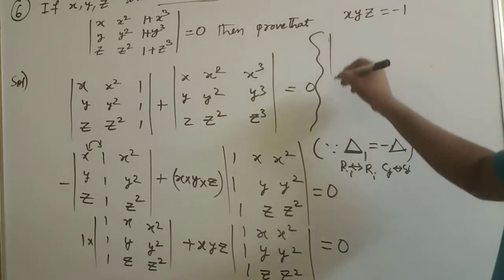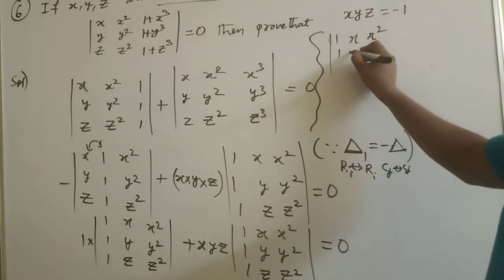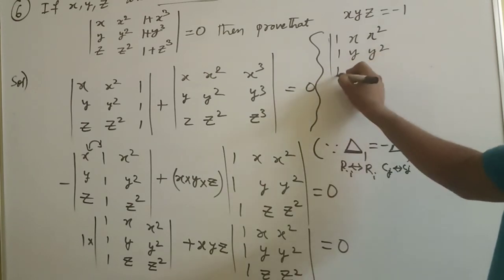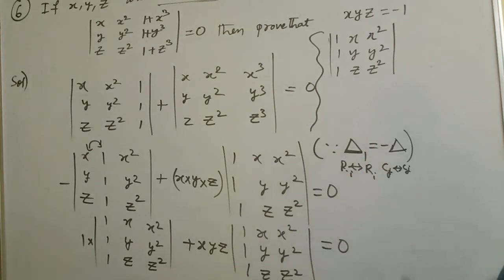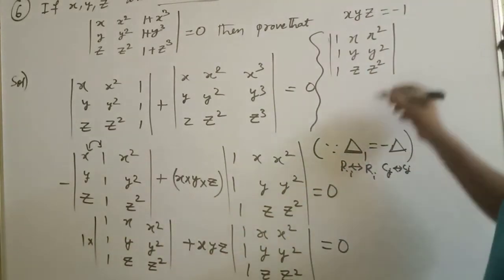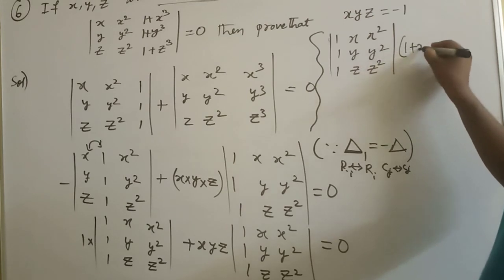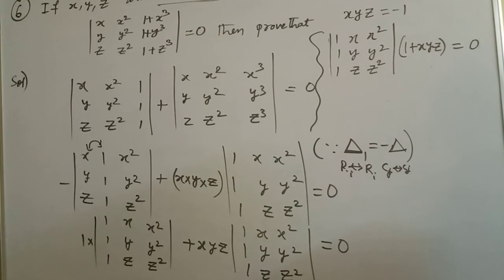So now what I get here: 1, x, x square, 1, y square, 1, z square common. So what is left? 1 plus xyz. So write that 1 plus xyz is equal to 0.